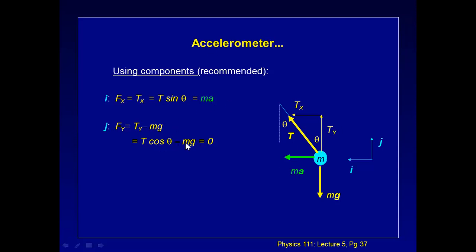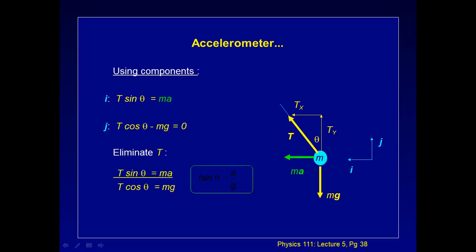So T cosine theta minus mg is equal to 0. If we further simplify and eliminate T, it gives us tangent of theta is equal to acceleration over gravity.